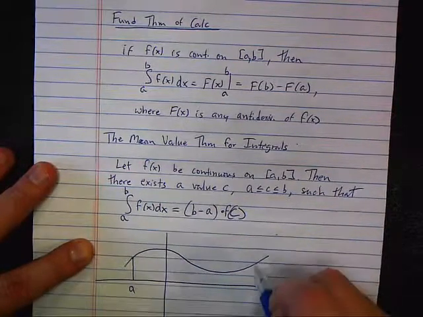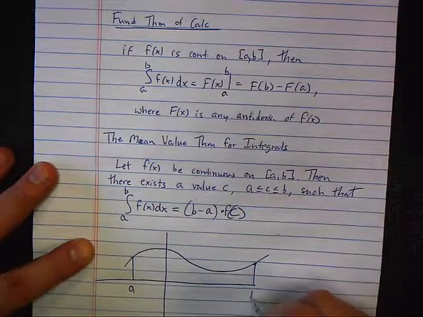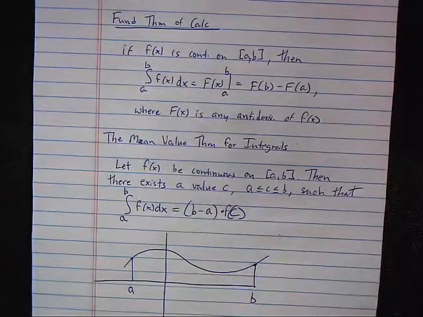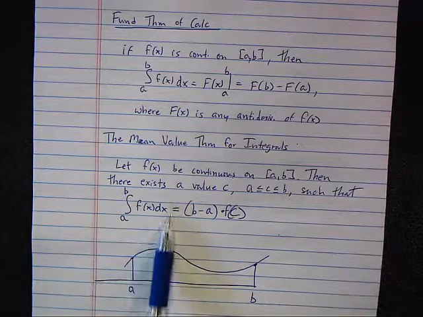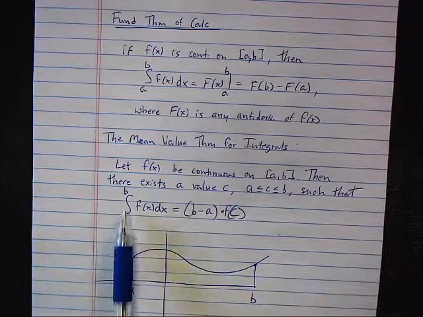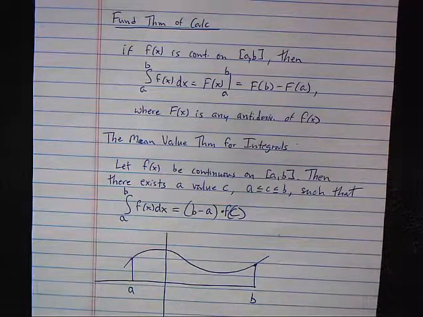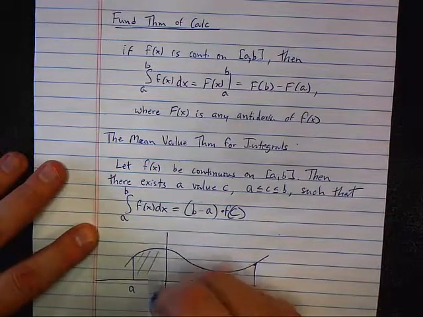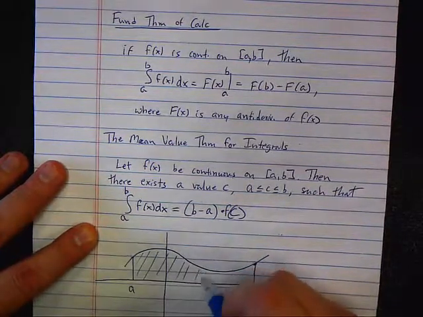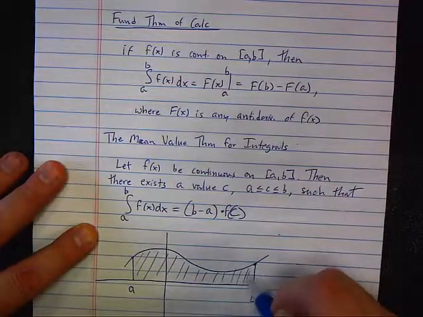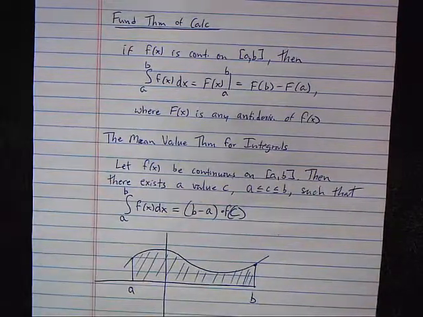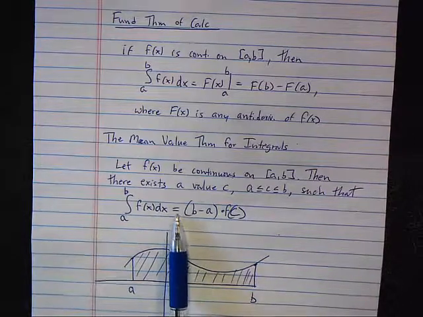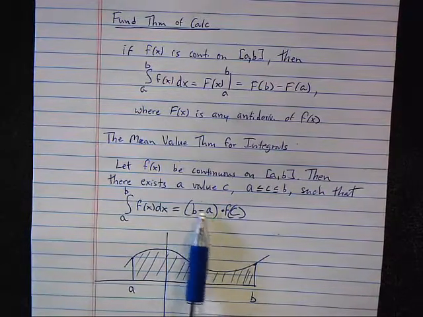Here's a, and here's b. What does the left-hand side represent in terms of this picture? What's the integral from a to b of f of x dx represent? It's the area underneath the curve. So the left-hand side says this area has to equal, what's b minus a?